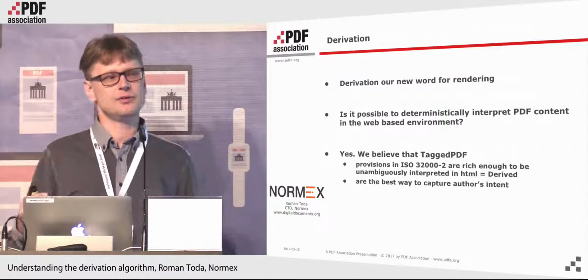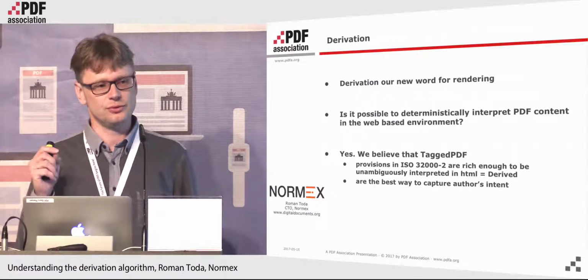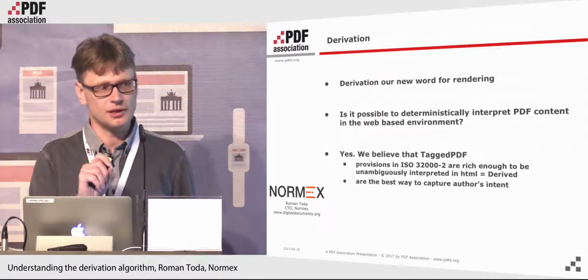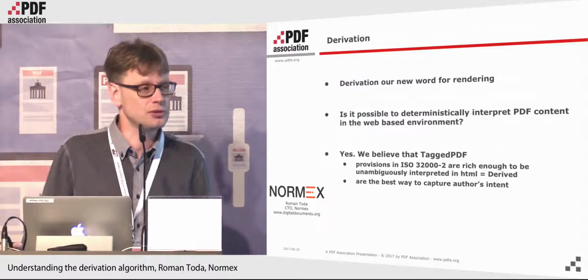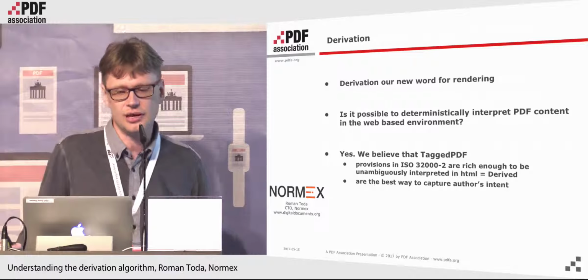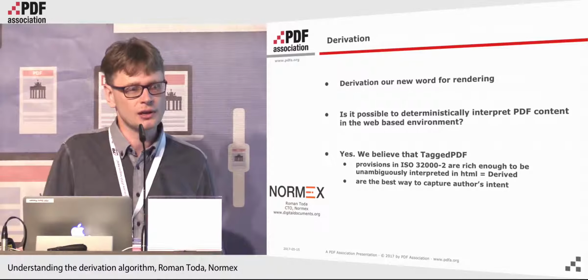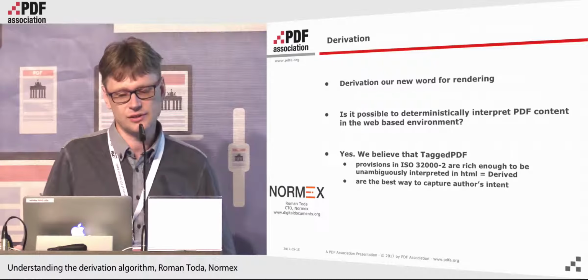Do we have all the information in the PDF that is necessary for us to do this derivation from PDF into an HTML? And yet we believe we do. Actually, tagged PDF, as described in ISO 32000-2, provides us a very powerful language to do this.